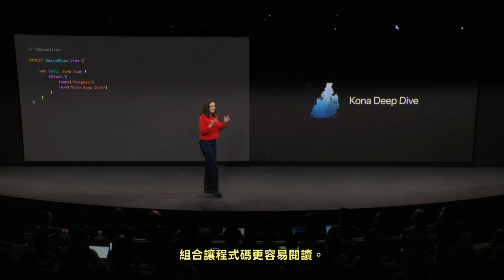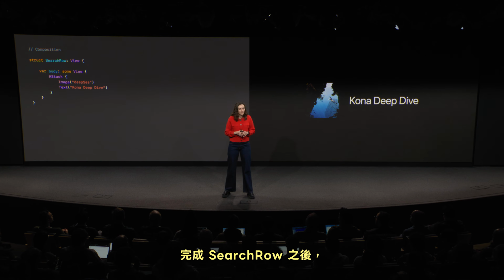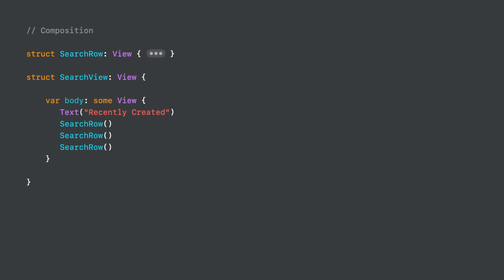Composition makes code easier to read. And once I've built my SearchRow, I can use it in other areas of my app with just a single line of code. In my search view, instead of needing 3 stacks, 3 images, and 3 text views, I just use 3 of the composite SearchRow views.